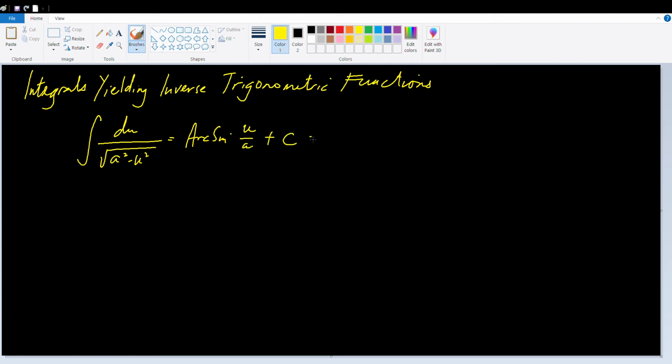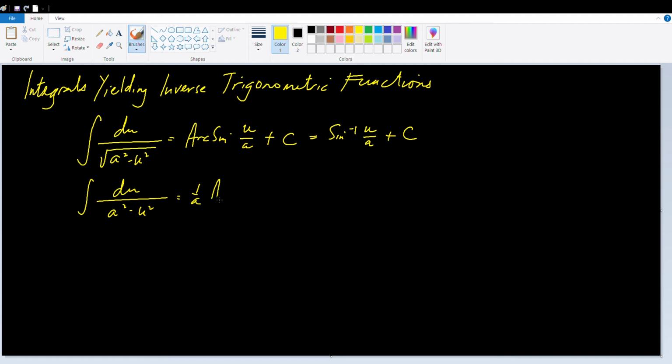This can also be written as sine to the negative 1, to indicate the inverse function of sine, u all over a plus c.